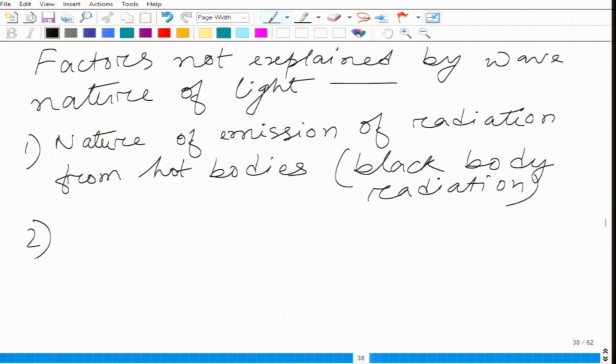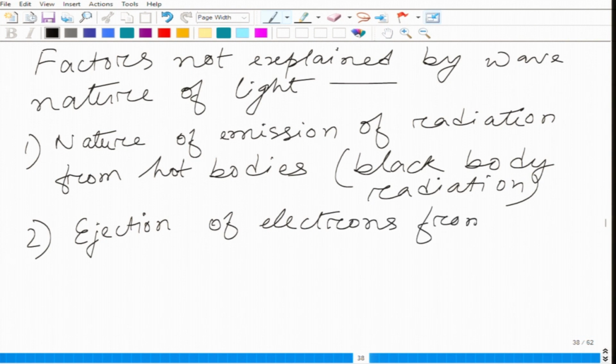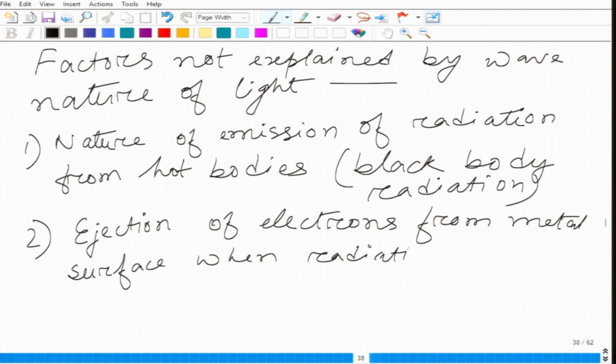The second one is ejection of electrons from a metal surface when a radiation strikes.